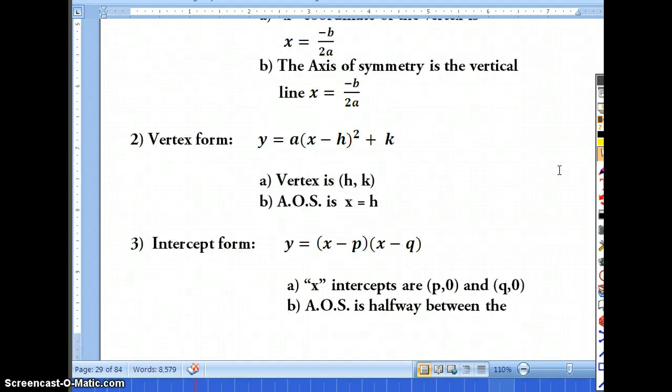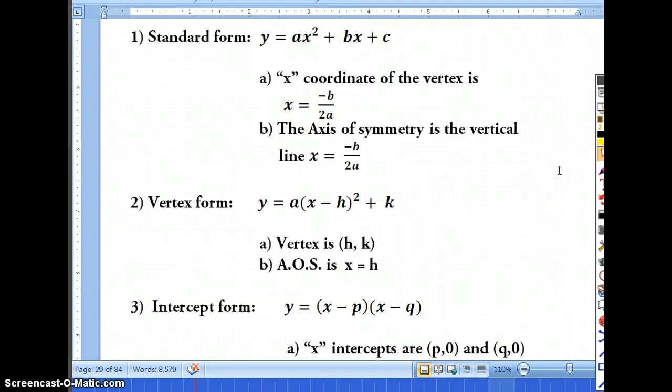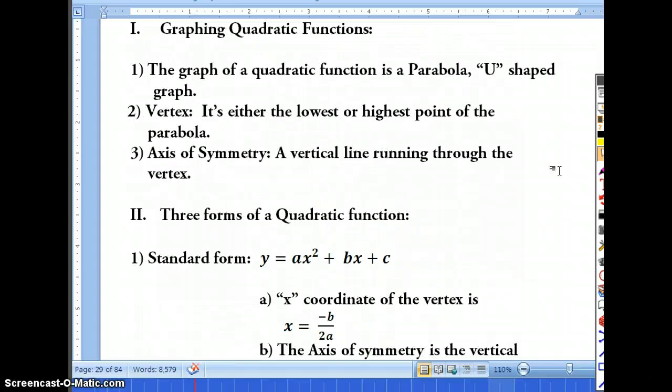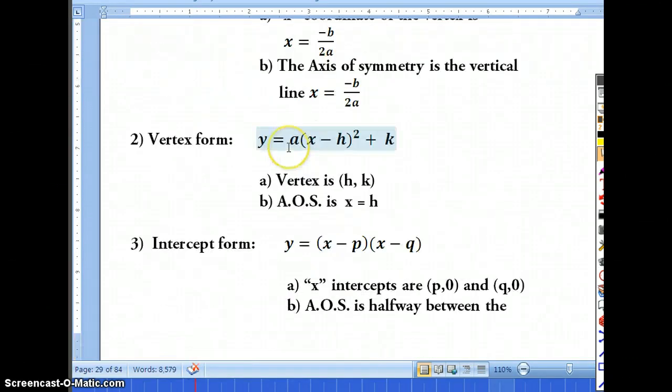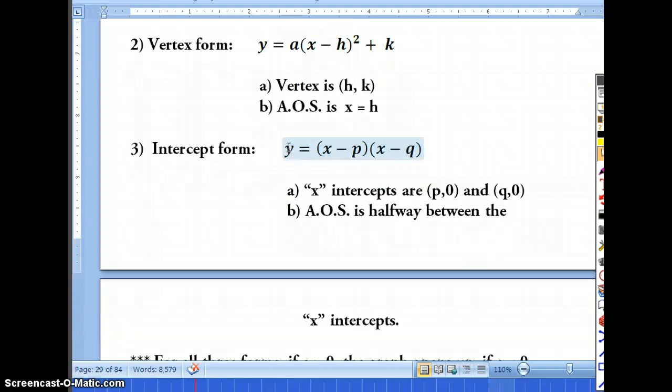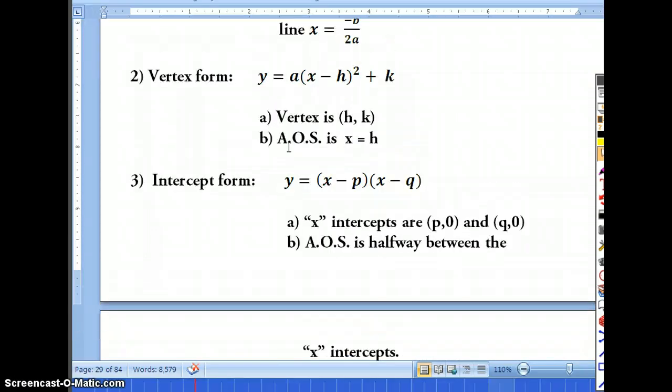And this one is probably the least popular form. This is called the intercept form. So again, take a minute, go ahead and put that in your notes, and then we'll talk about that.